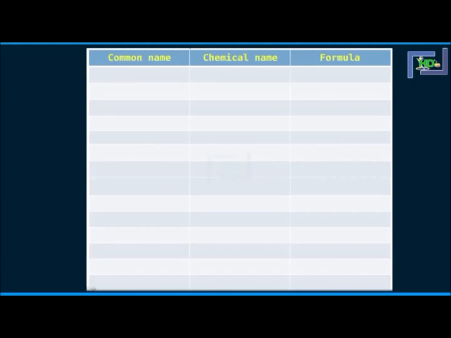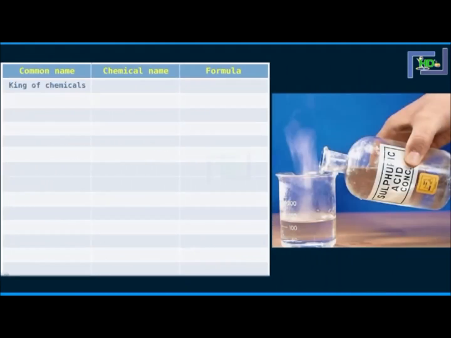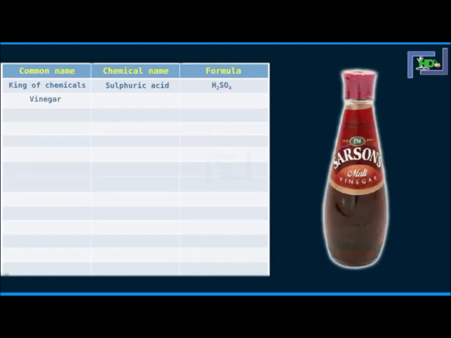This table gives a list of common matter which we see around us. King of chemicals, it is sulfuric acid and the formula is H2SO4. And you know vinegar? Where do you use vinegar? Yes, while cooking you use this.